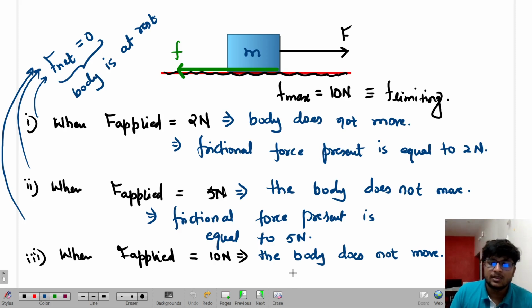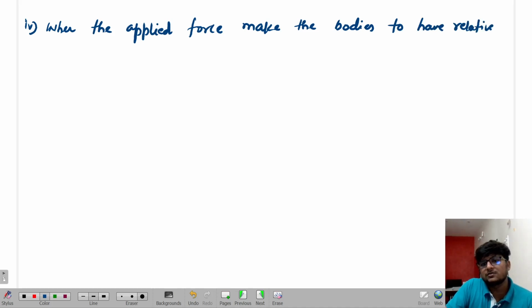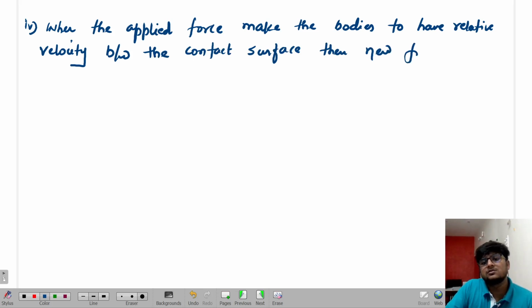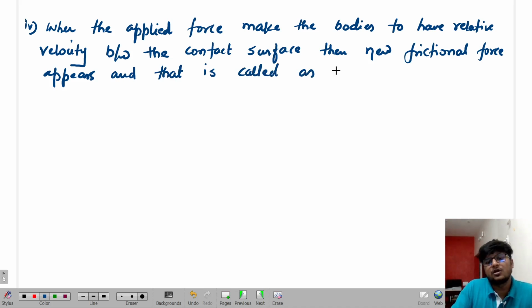Which kind of friction? Means when the applied force makes the body move, makes the bodies have relative velocity between the contact surfaces, then a new frictional force appears, and that is called kinetic friction.